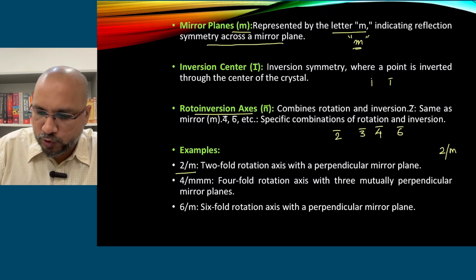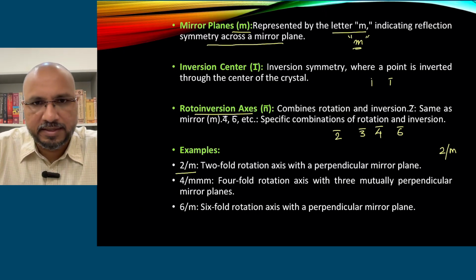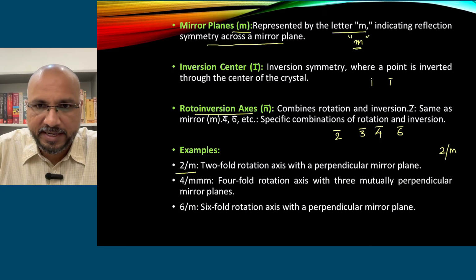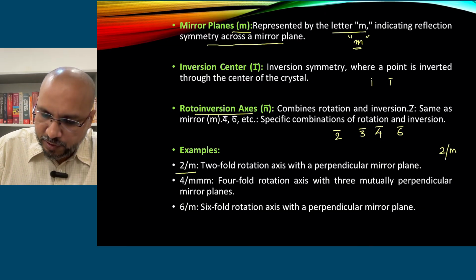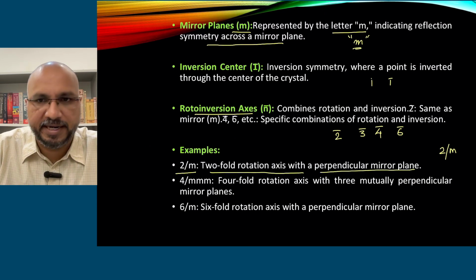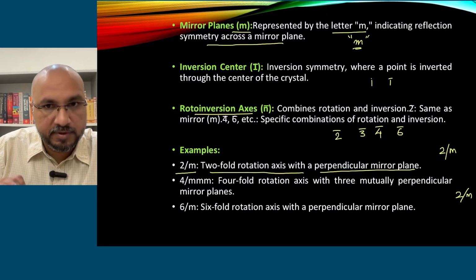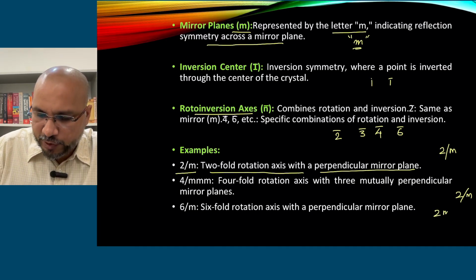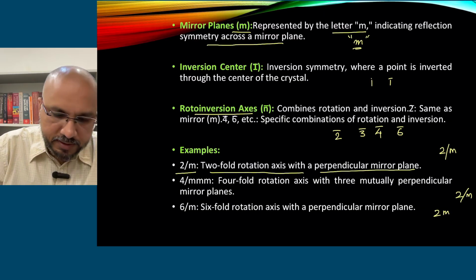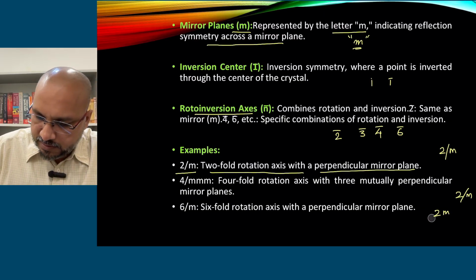It means the mirror plane is perpendicular to the rotational axis. The two-fold rotation axis is perpendicular to the mirror plane, and that is why you write 2 slash m. If the mirror plane was not perpendicular to the rotational axis, you would just write 2m. That is the way of representing.